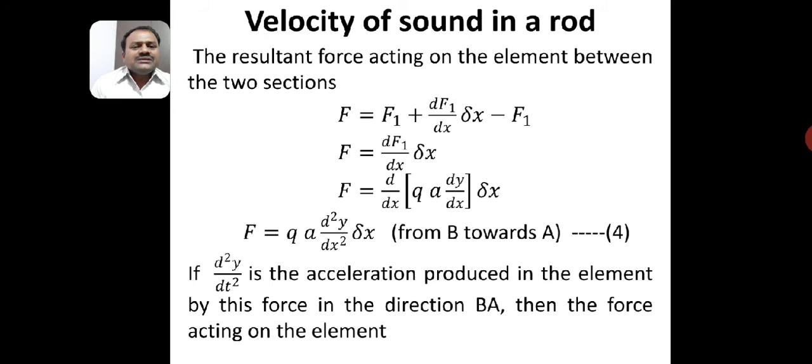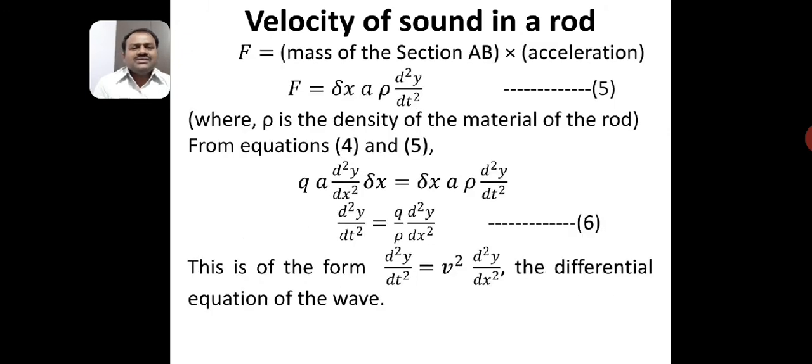This resultant force will produce an acceleration in the element of the rod between the layers A and B. So the net force acting on the section can also be written in terms of acceleration as F is equal to mass of the section AB into acceleration. Mass is volume into density.